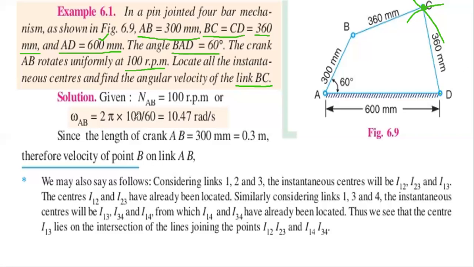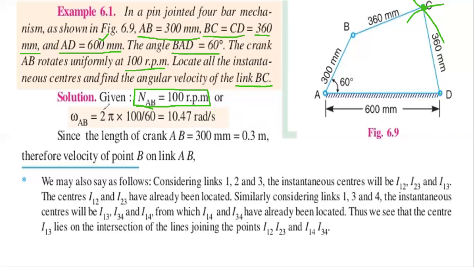Then I'm going to take the given data. We have already taken all the link lengths, and in the question they have given the speed of the link AB, that is N of AB is equal to 100 rpm. From the speed we are going to find the angular velocity of AB, that is 2 pi N by 60.